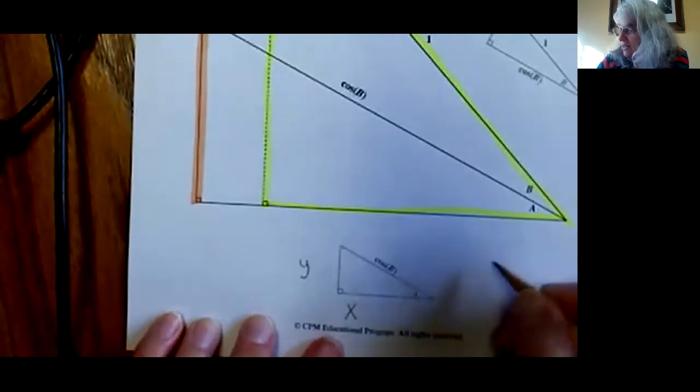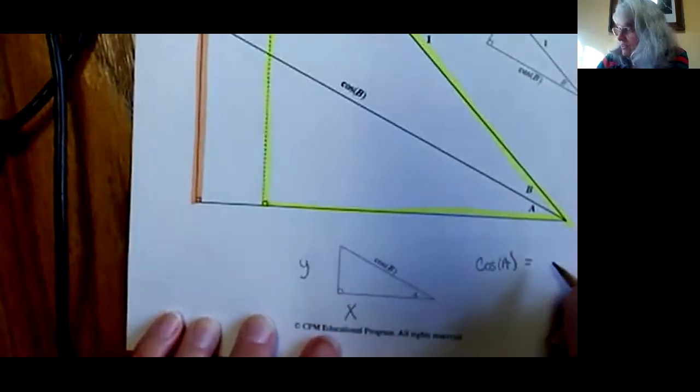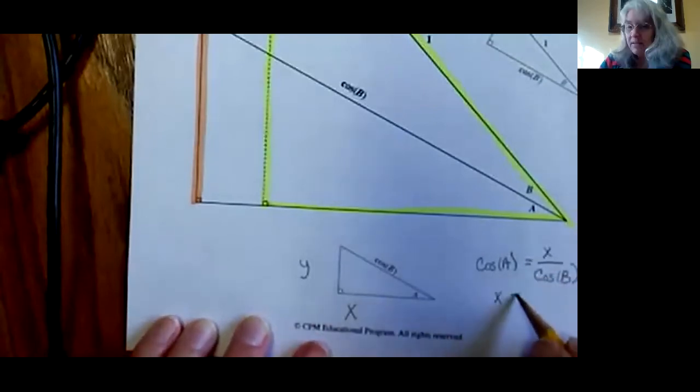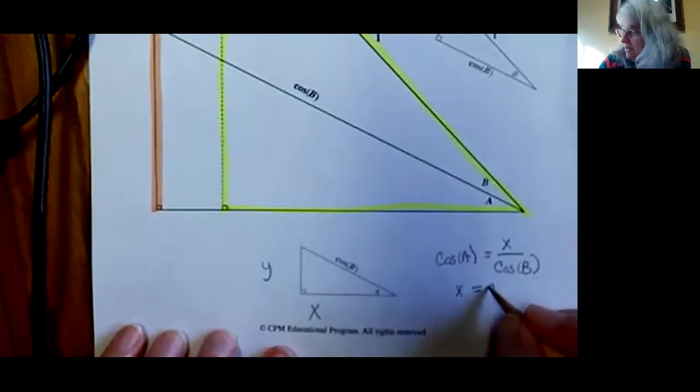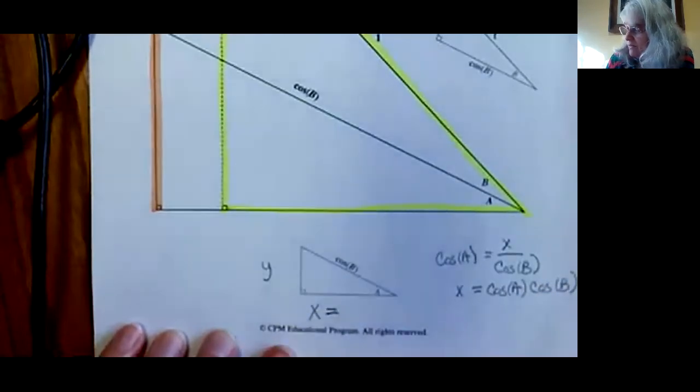Cosine of A is going to equal this side length, which is X, over cosine of B. So X is going to equal cosine of A times cosine of B.